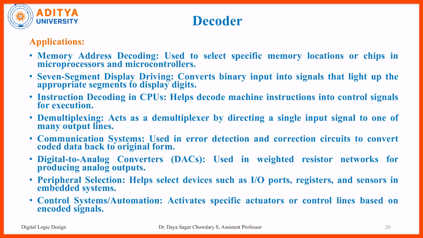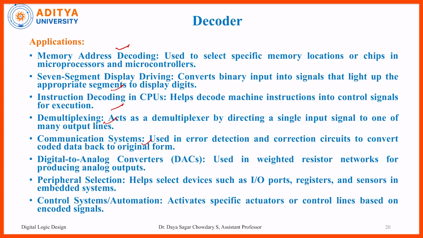Now coming to the decoder applications, most of the time we use decoders for memory address decoding, and at the same time 7 segment display driving. Mostly we use that 7 segment technology, and instruction decoding in CPUs, also the demultiplexing concept. This is simply the vice versa of the multiplexing concept.